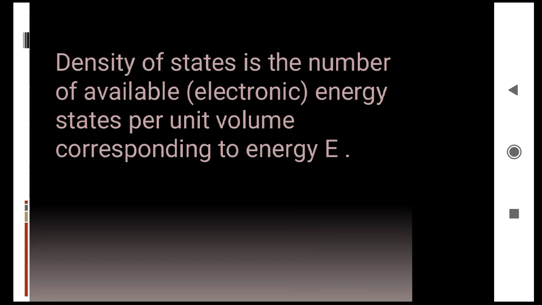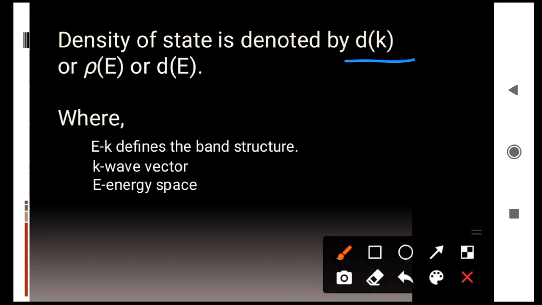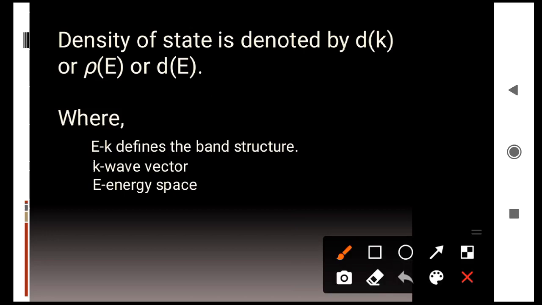Okay, now how do we denote the density of states? Density can be denoted by rho or D. See, D of K, rho of E, D of E, or rho of K. These are all ways of representing the density of states. Here, what is the meaning of K and E?